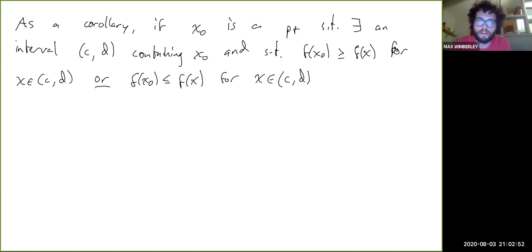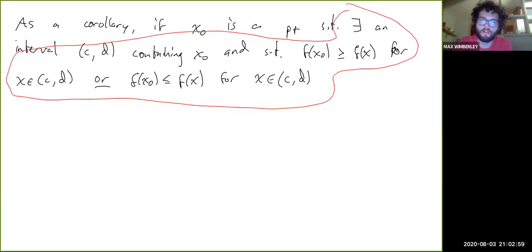This condition that I just wrote here is how you define a local extremum.